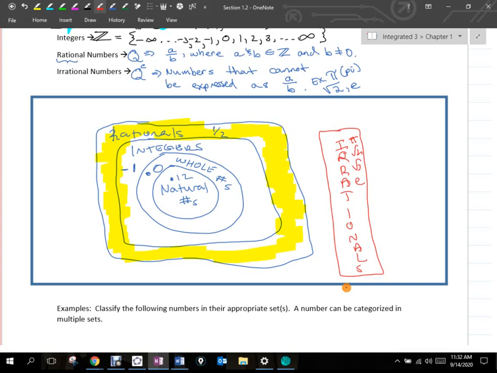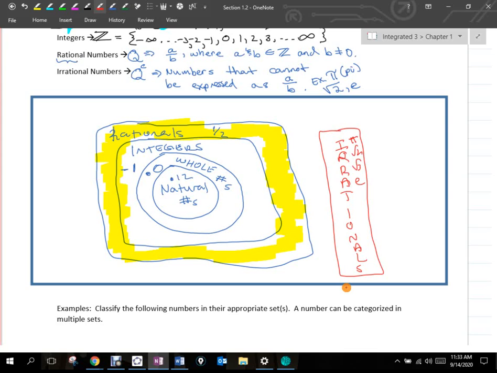So what our rationals do is they fill in most of our number line. But when we fill in our number line with our rationals, we have gaps. And those gaps are pi, radical 2, radical 3, radical 5, those kinds of numbers. So in order to fill in those gaps, we combine the rational numbers and the irrational numbers, we throw them all together, and that creates a continuous number line that has no gaps, no holes.